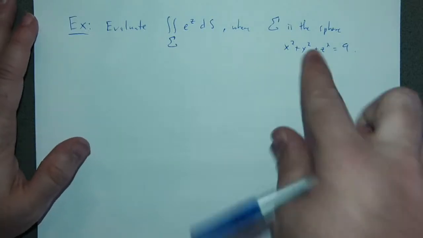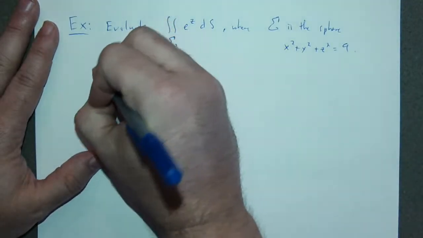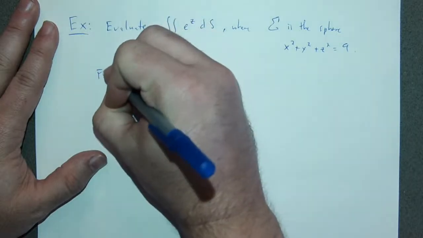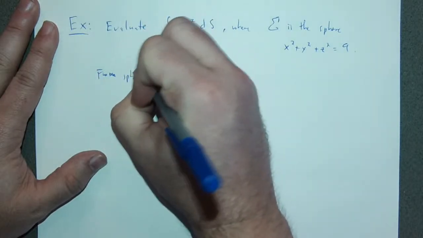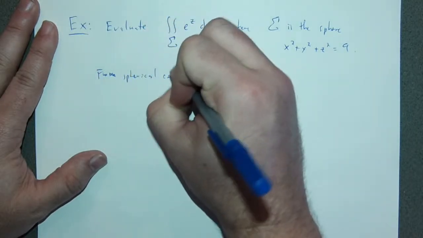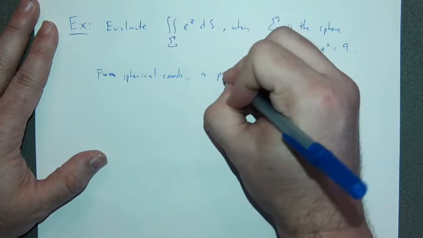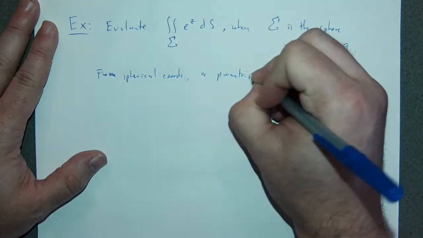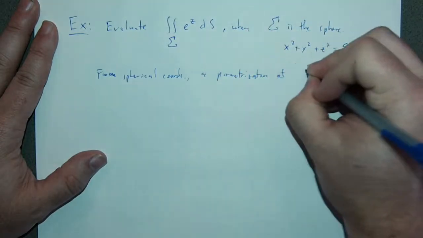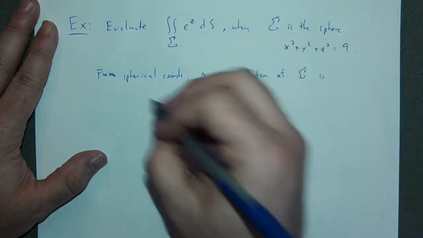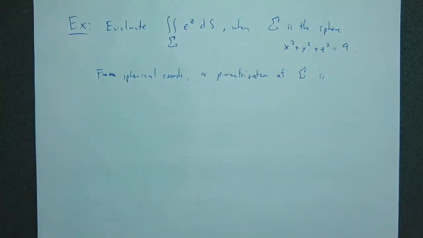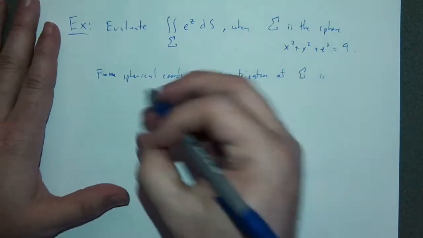So what's the idea? From spherical coordinates, a parameterization of sigma is what? What was the way we parameterized sigma using spherical coordinates?